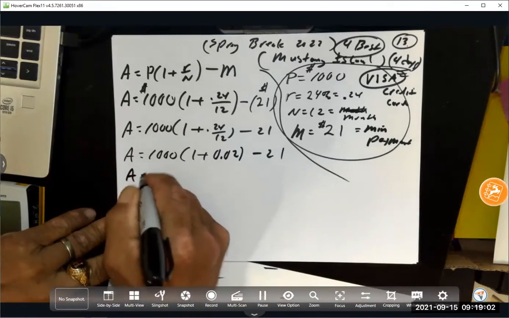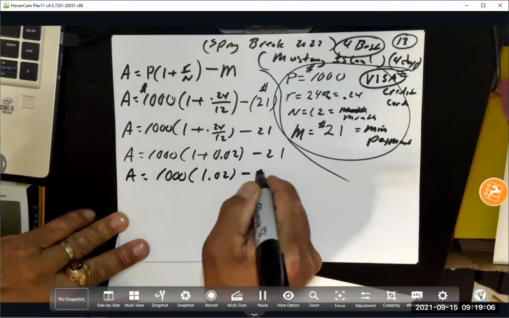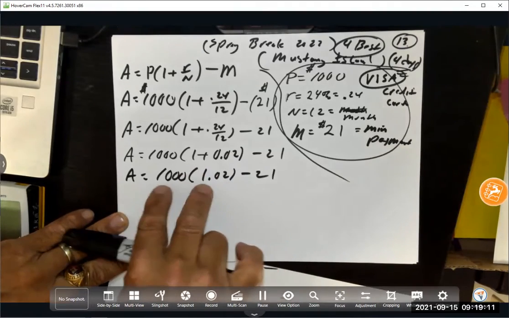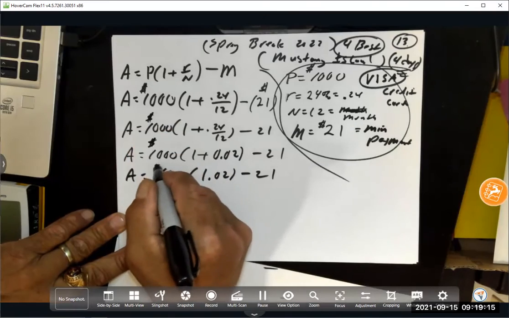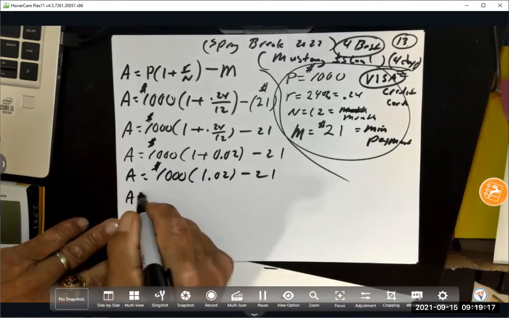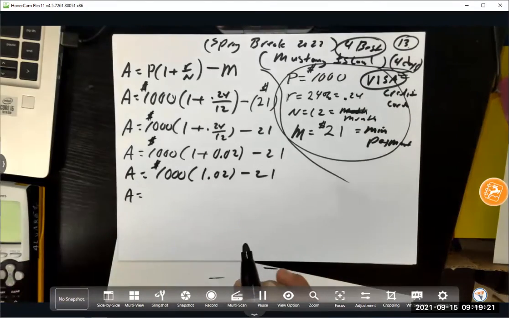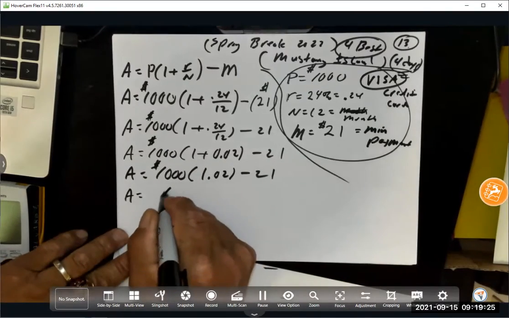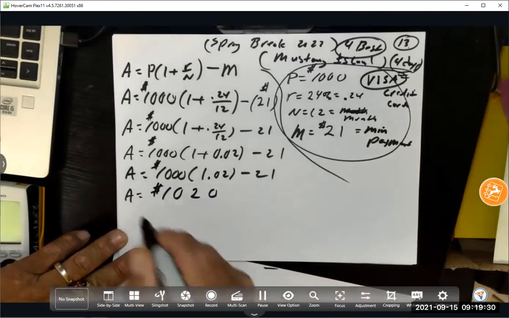Now, if I add those two numbers together, it's gonna be 1,000 times 1.02. Okay, that's okay too. So 1.02 is 1.02 like that. Now, what's 1,000 times 1.02? Do it in the calculator. It's 1,020. Yeah. So the bank's gonna tell you, you owe us $1,020.